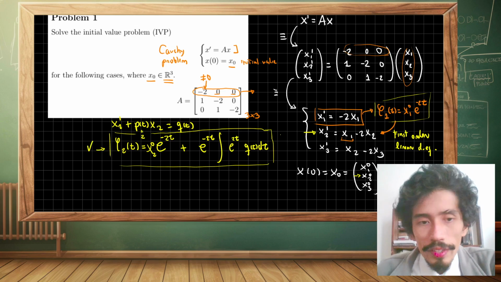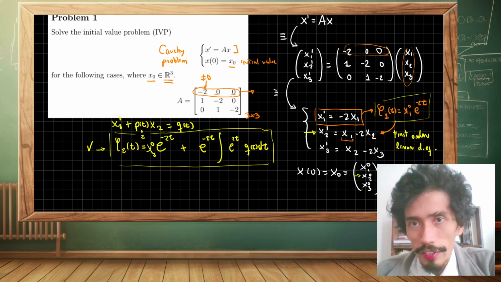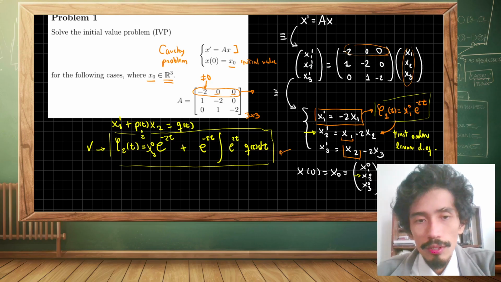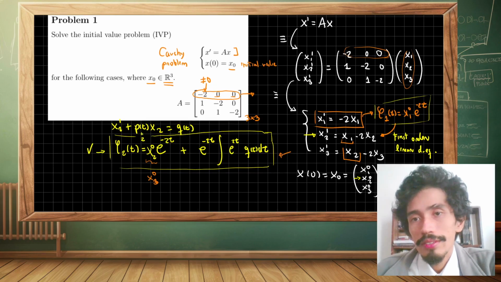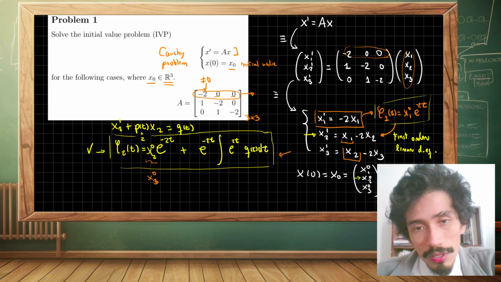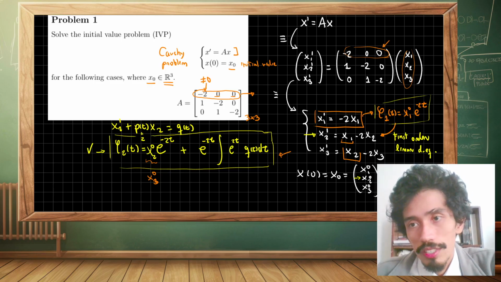Then you plug that solution into the third equation, and you apply the same formula, of course, replacing this by the corresponding integrating factor and changing the initial condition to x3 0. And so you can solve this, as I'm showing you, without the need of the exponential of a matrix, but only because you could solve the first equation, right?